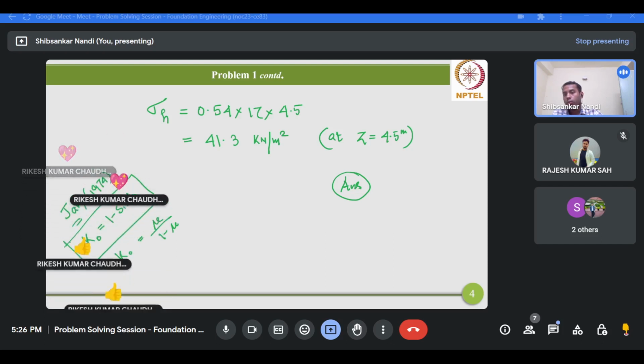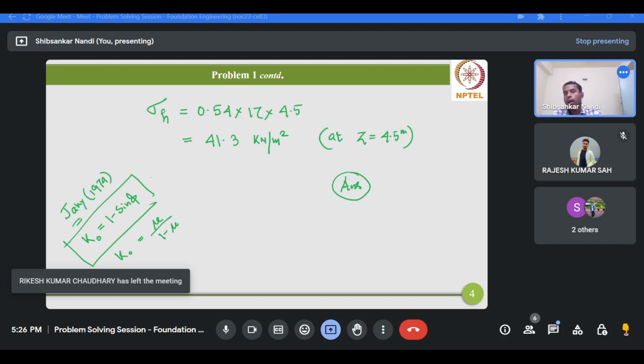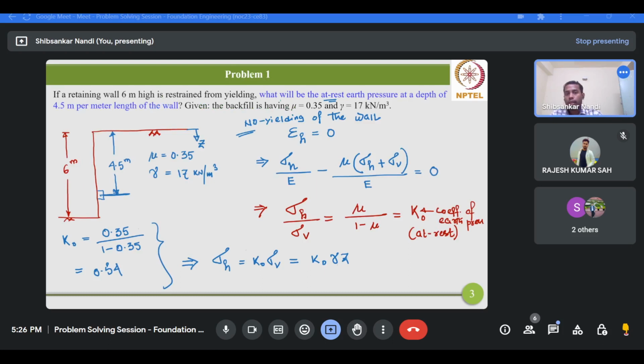Phi you know because it's given to you, so you can easily determine the k0 value, and if you multiply this k0 value with the vertical stress at that level, you can easily determine the lateral pressure at rest at that level. So in the exam, instead of Poisson's ratio you may expect the angle of friction of the soil.